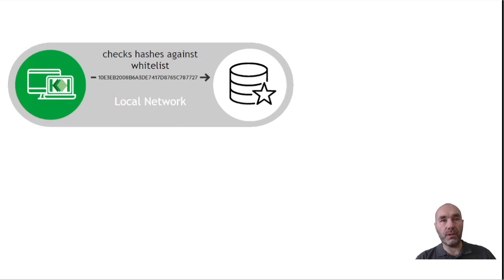And for the purpose of simplifying this moment, let's just say that the hash is already known on the whitelist. Therefore, the whitelist will immediately return an OK, and that would mean that the software can be executed, and that the impact on the machine is just a couple of milliseconds. It's technically measurable, but you wouldn't actually notice it.